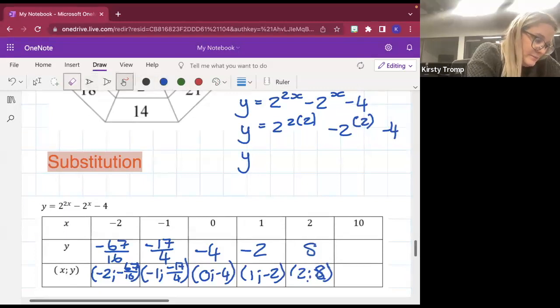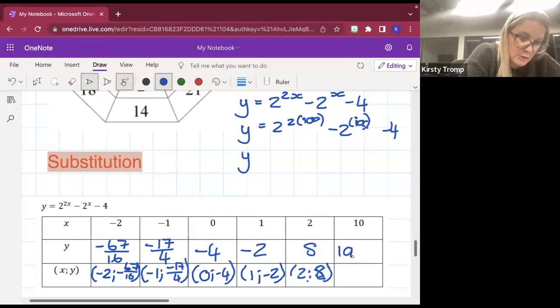And finally, the last one is a huge one. You're going to have 10, and that gives you 1047548. So 10 is to 1047548.